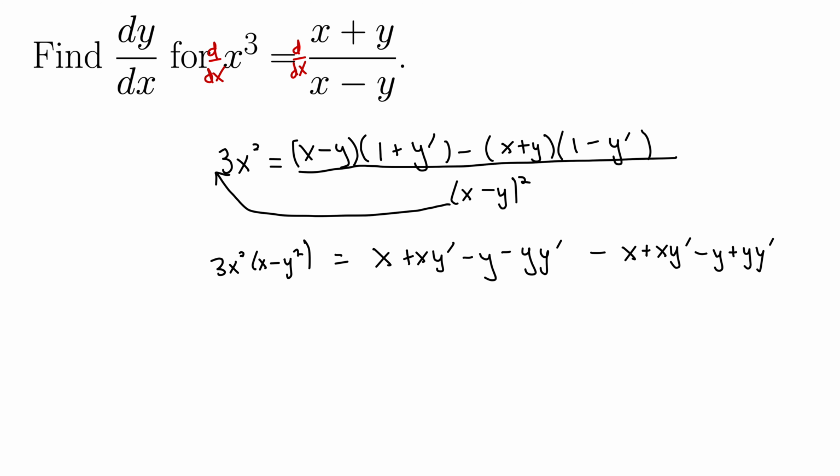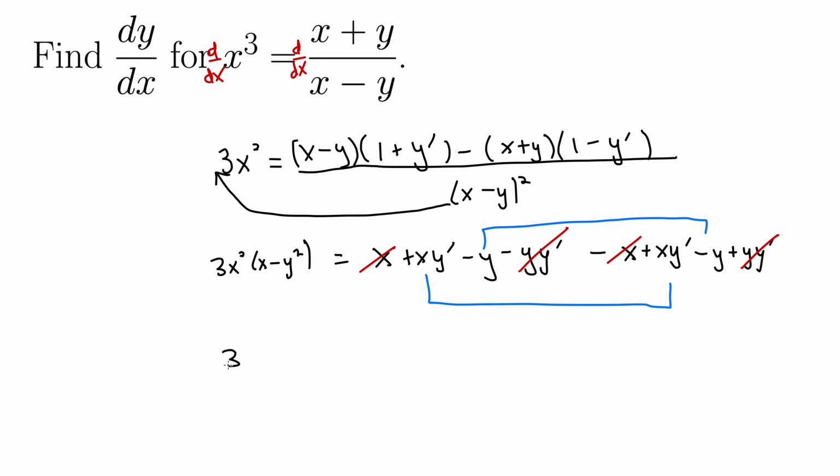Okay, from there we have some simplification. Look at this. These y prime terms cancel out. I'll always take some cancellation. Look at this. These x's also cancel out. We can also combine like terms here. The xy primes can get together and the y's can get together. So this is actually coming together quite nicely.